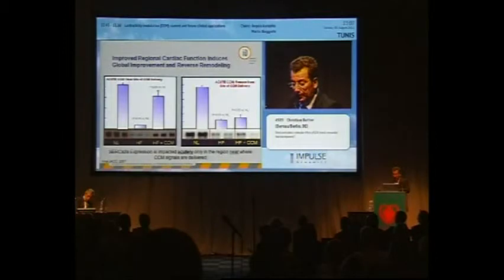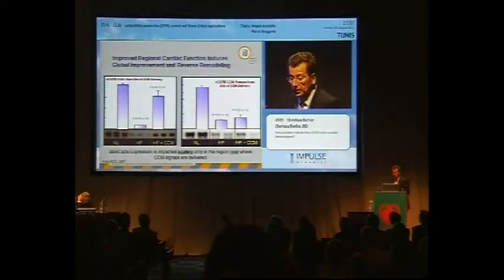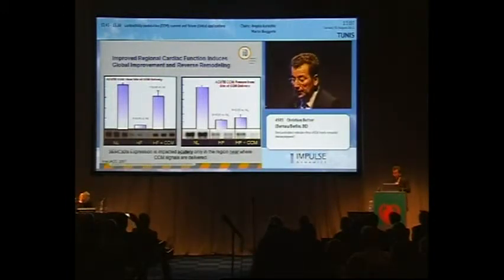Those are acute data right here in a very short period of pacing. You see on the left part of the slide that near the stimulation site after CCM, SERCA2A expression is increased. That means improved again.